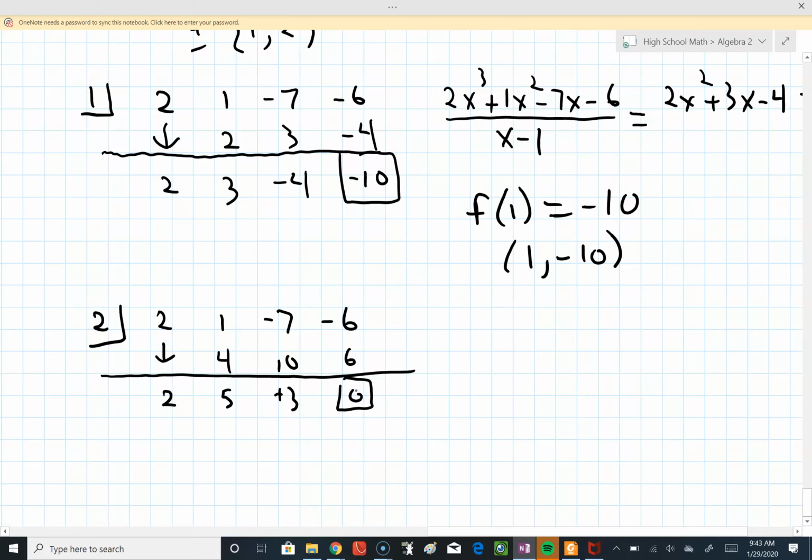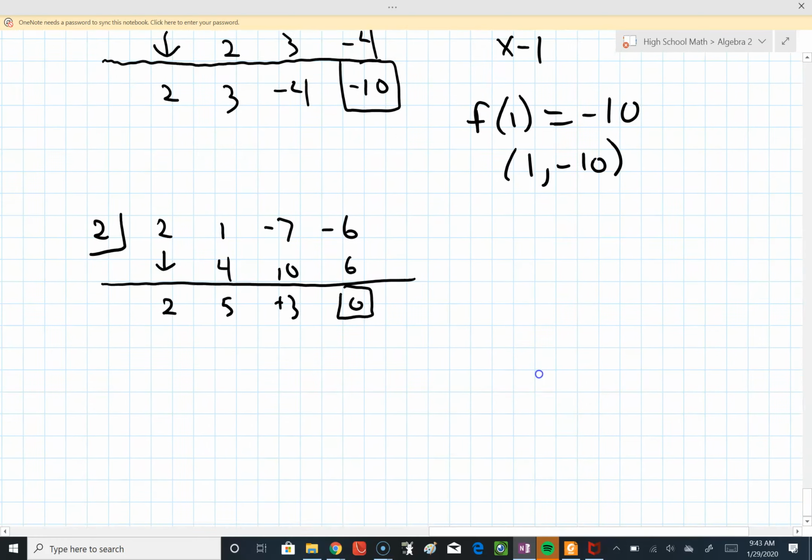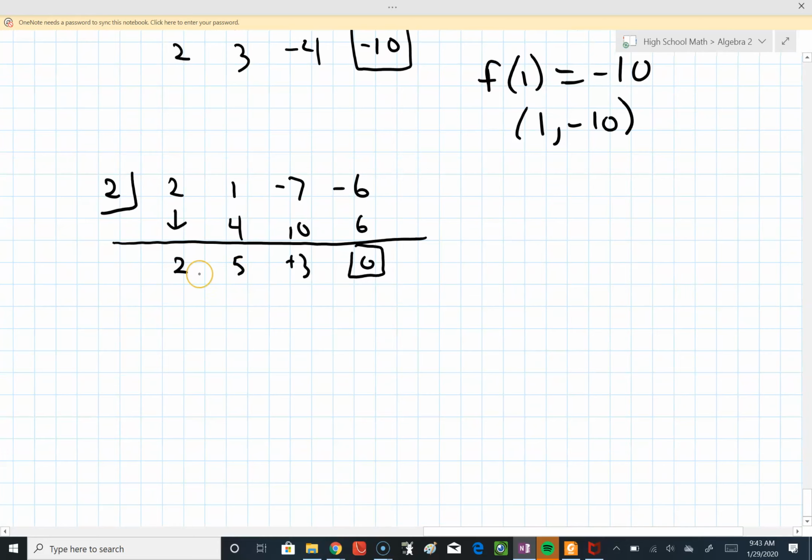Okay. Hopefully you got that. All right. So my initial function, this corresponds with 2x squared plus 5x plus 3.